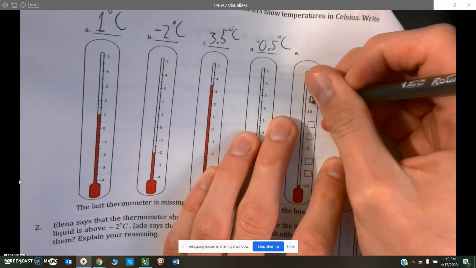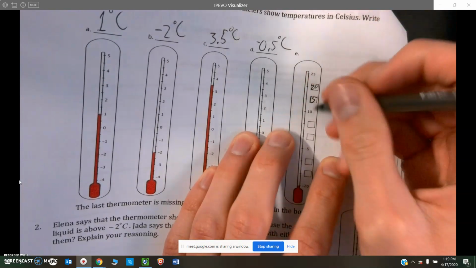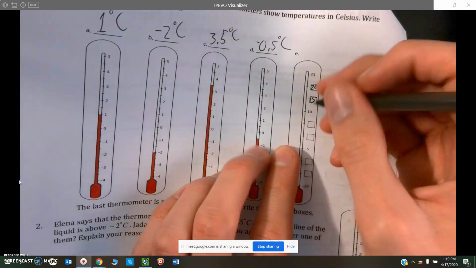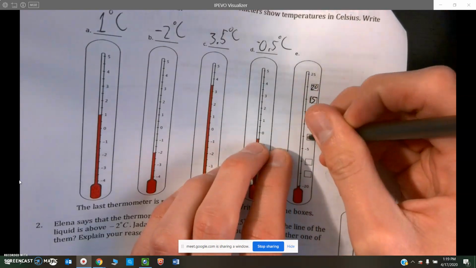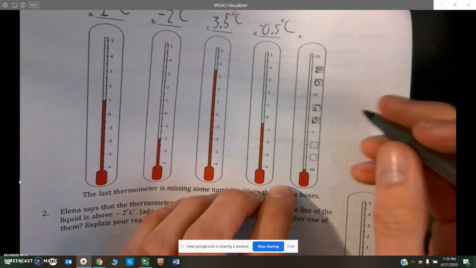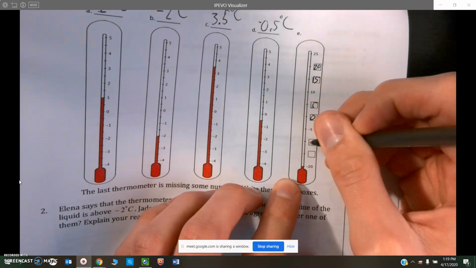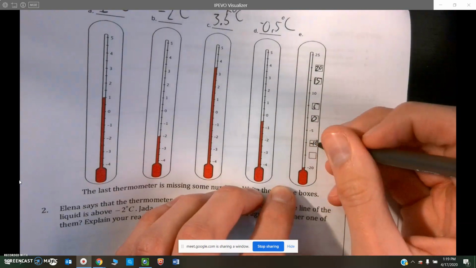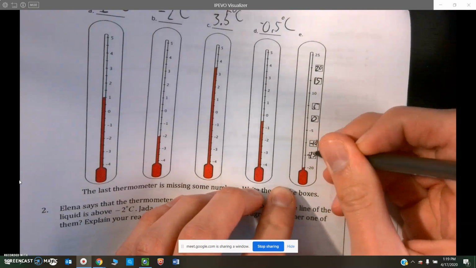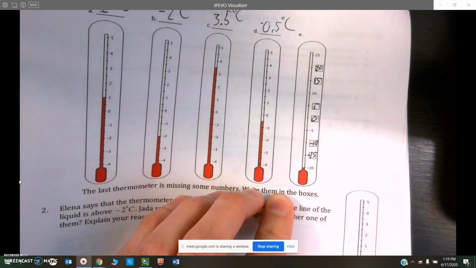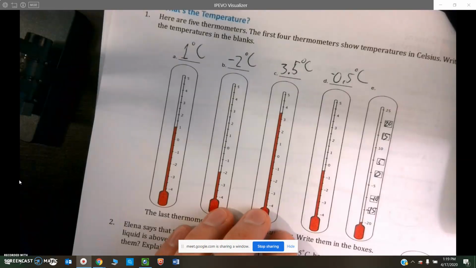So then this would be 15, this would be 20. All right, that works. So then this would be 5, this would be 0. 5 degrees below 0 is negative 5. 5 more below 0 is negative 10. 5 more below is negative 15. And then negative 20 is where it is at.